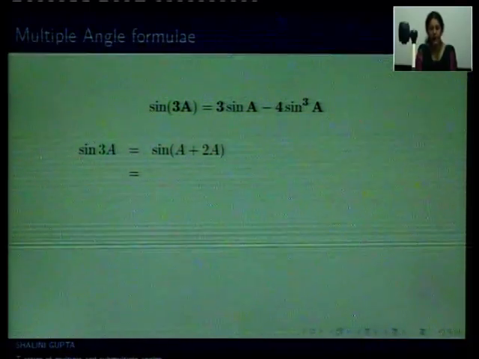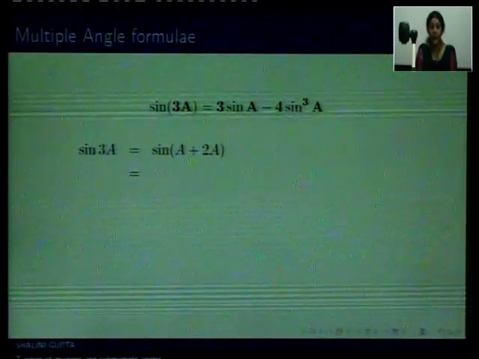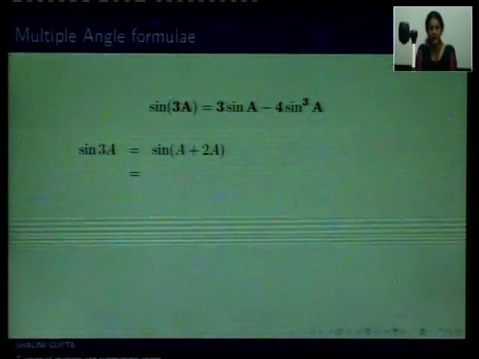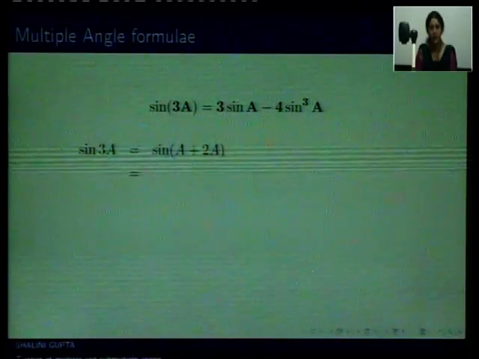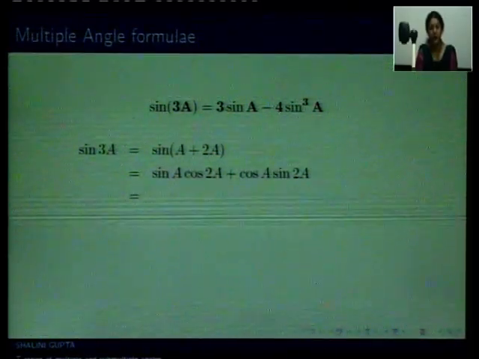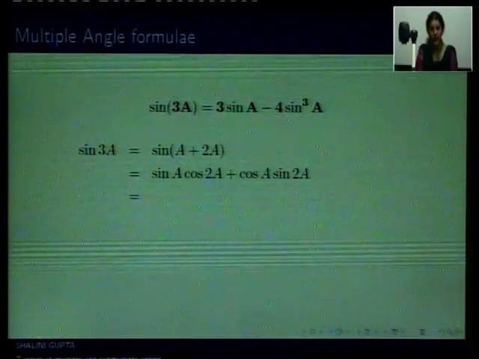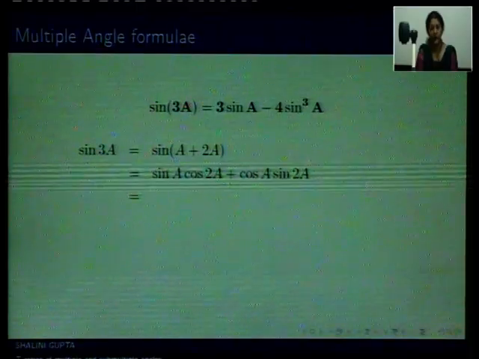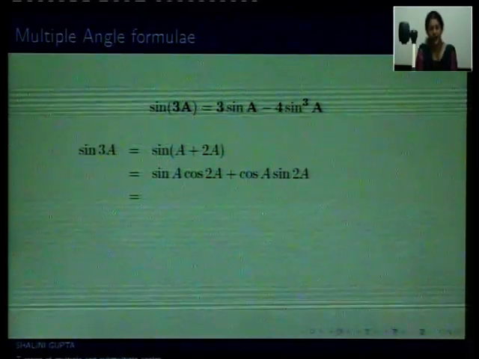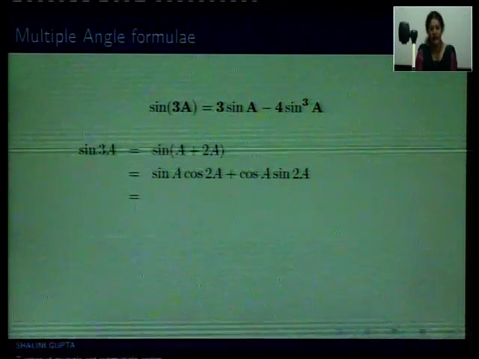Now I know the addition formula: sin of a plus b is sin a cos b plus cos a sin b. In place of b, we now have 2a, so this expression becomes sin a cos 2a plus cos a sin 2a.